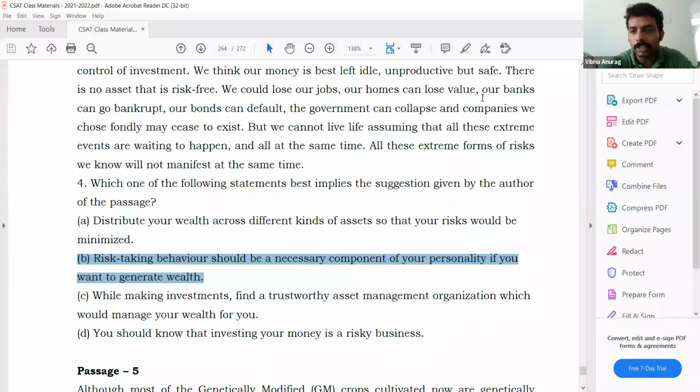Because he is not talking about risk minimization. He's against it. He's telling people to take some risk. He's saying you can't keep your money safe. Everything has risk. And he's not really giving any suggestion that you should distribute your wealth.